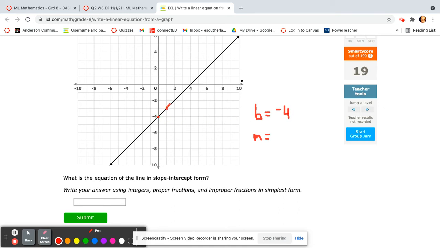We'll see that the next point crosses there. So it rises 1 and runs 1. So the slope is 1 over 1. And then left to right is going up, so it is positive. So you'll type in y equals 1 over 1x, and then -4 since it's a -4.